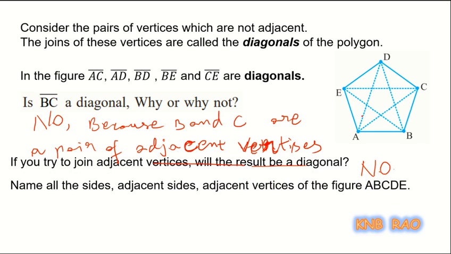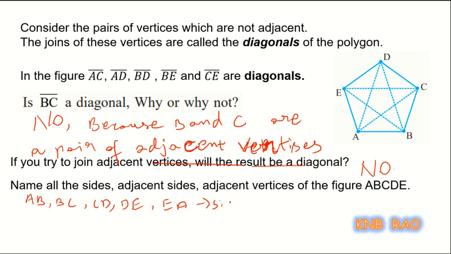Name all the sides and adjacent vertices of the figure A, B, C, D, E. So all sides are AB, BC, CD, DE and EA.